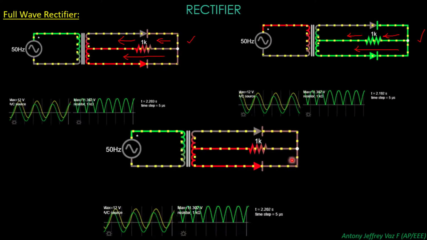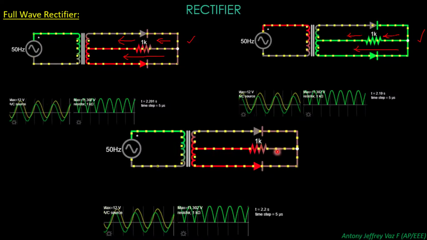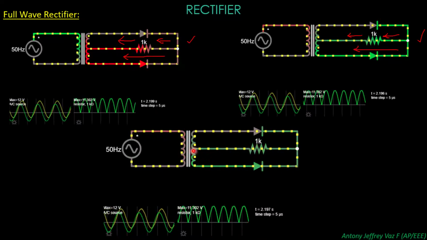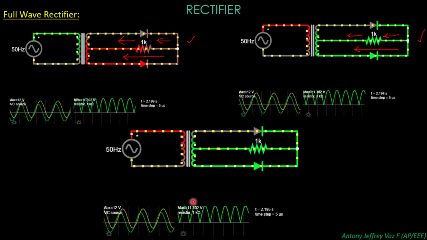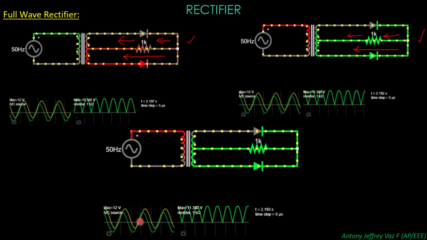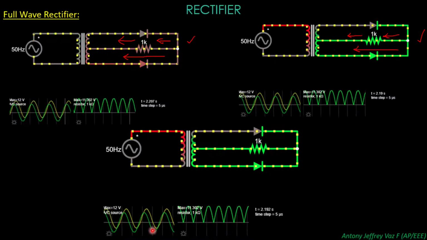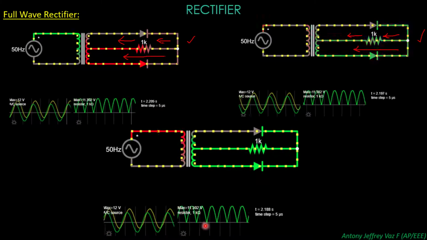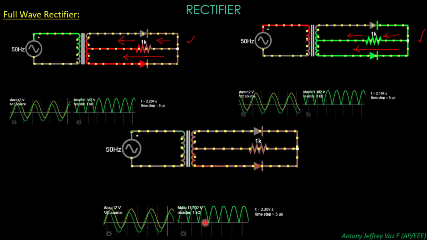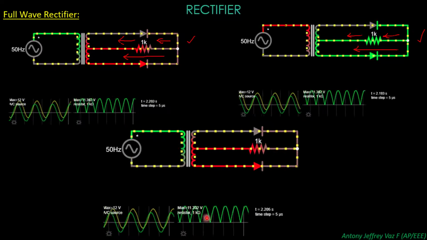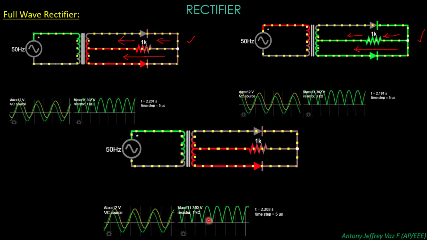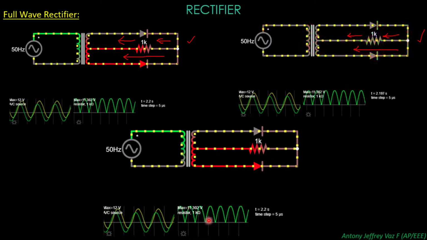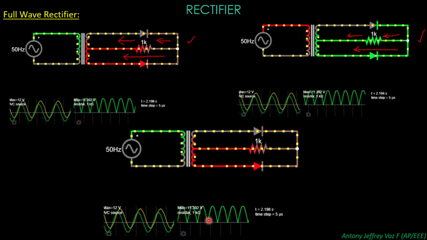So electrons will be moving from the 1 kilo ohm resistance into the transformer. Both the positive wave as well as the negative wave are transformed back to a DC supply, but the output voltage will be pulsating in nature. So it will not be a pure DC supply, you will have a pulsating DC supply in a rectifier.